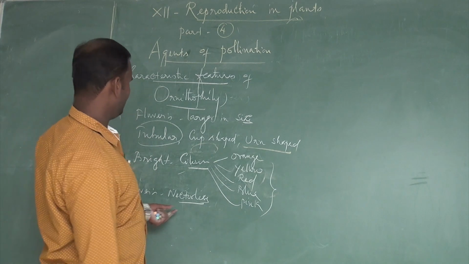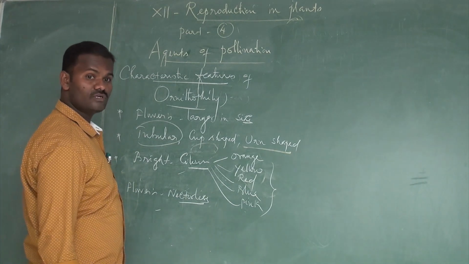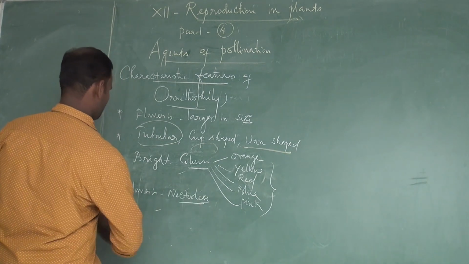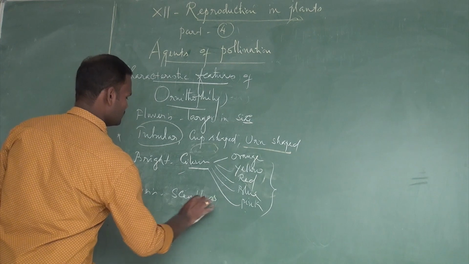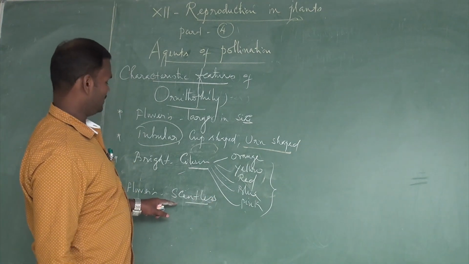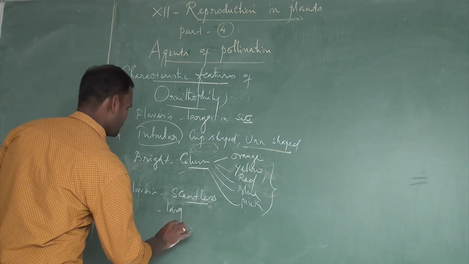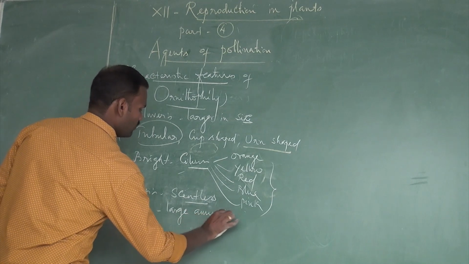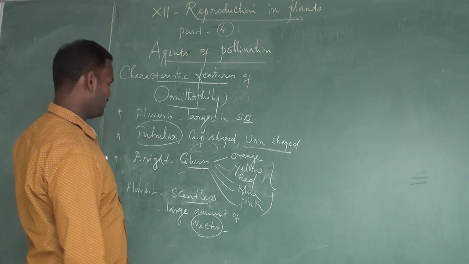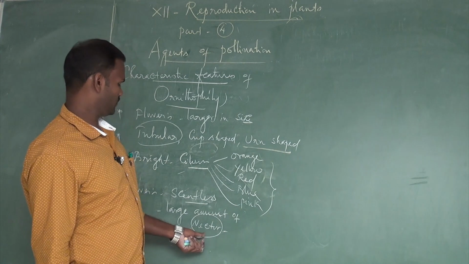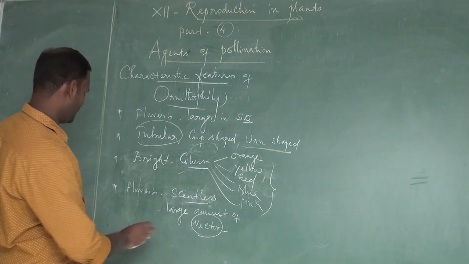There is no pleasant smell produced, but they produce a large amount of nectar. Nectar is produced by the nectar gland. It is nothing but a sweet liquid, secreted in large quantities. These are other characteristic features of ornithophilous flowers.